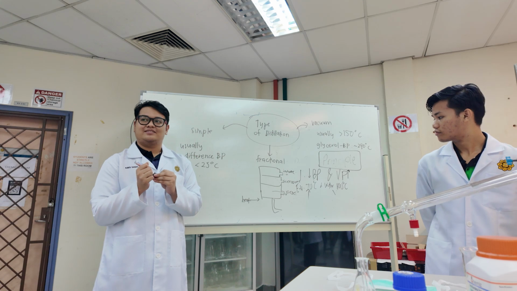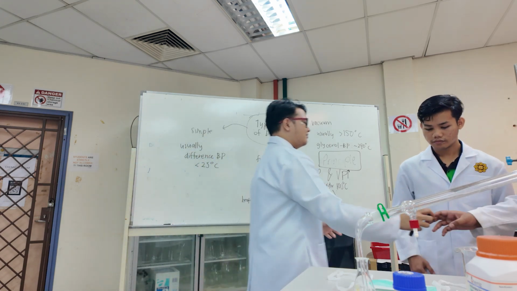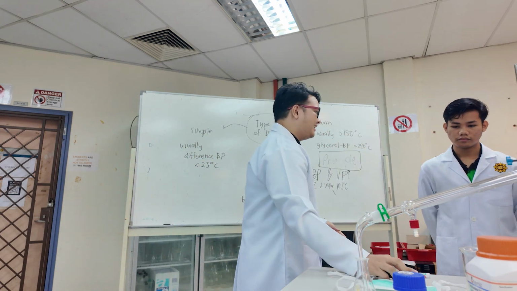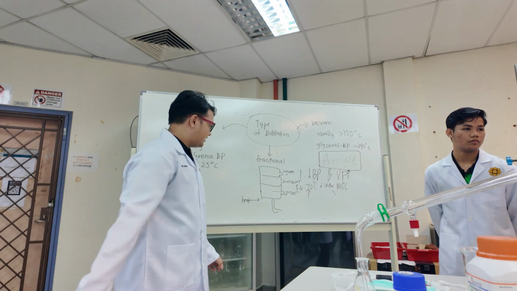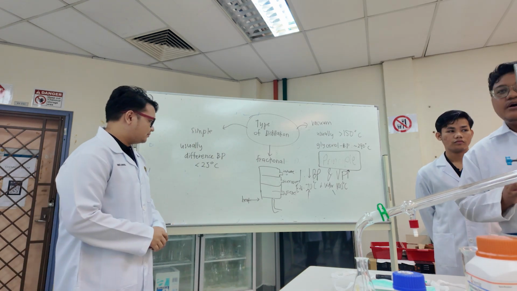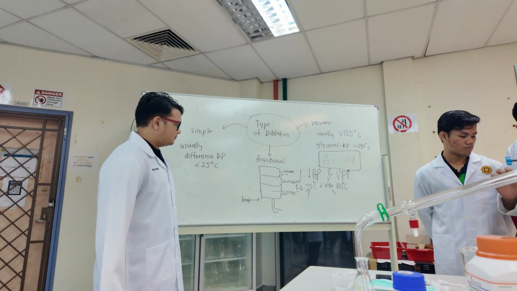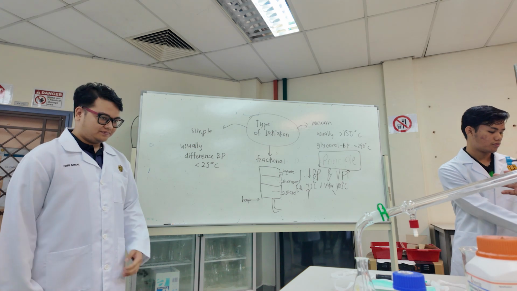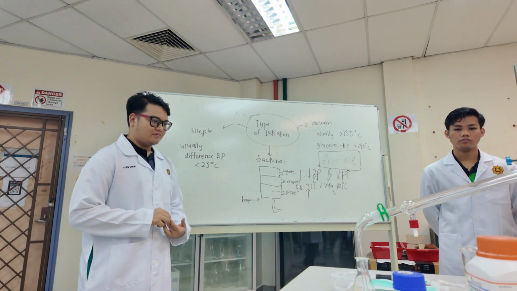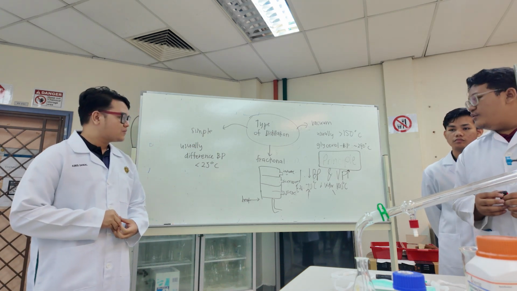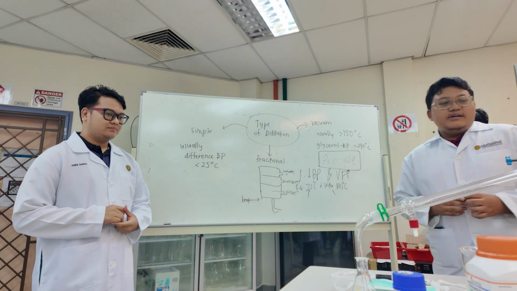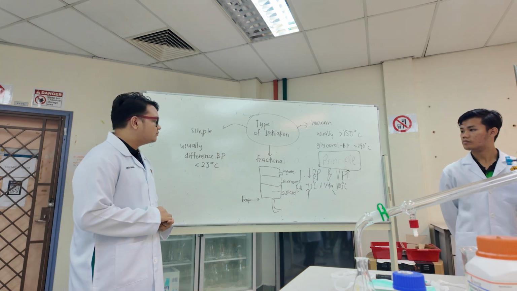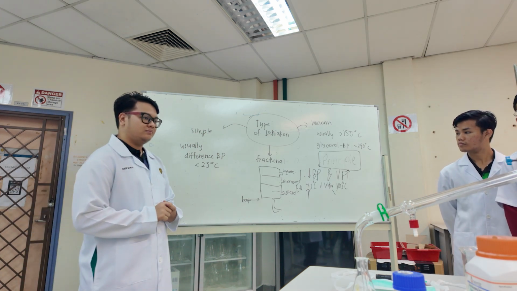Okay, and for the last part of the principle, I will tell you about important phase changes in distillation. As we can see, they already tell us about the phase changes, so I will highlight it. The first important phase change occurs at the boiling point.